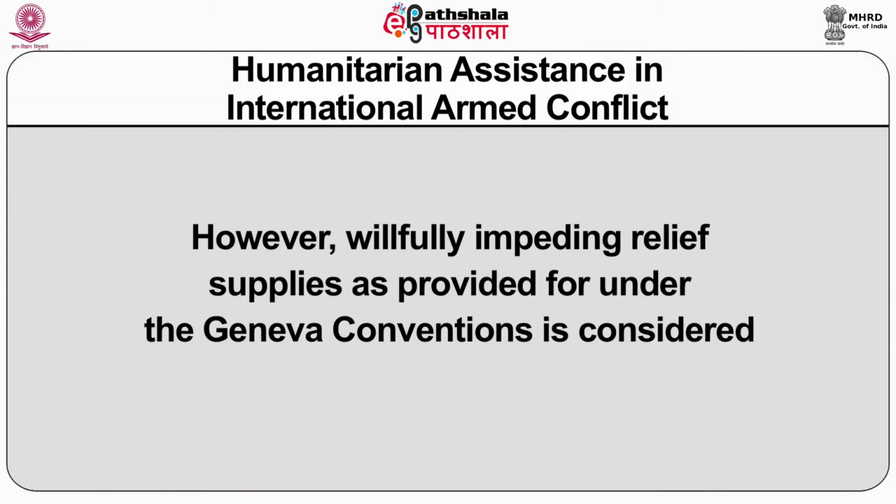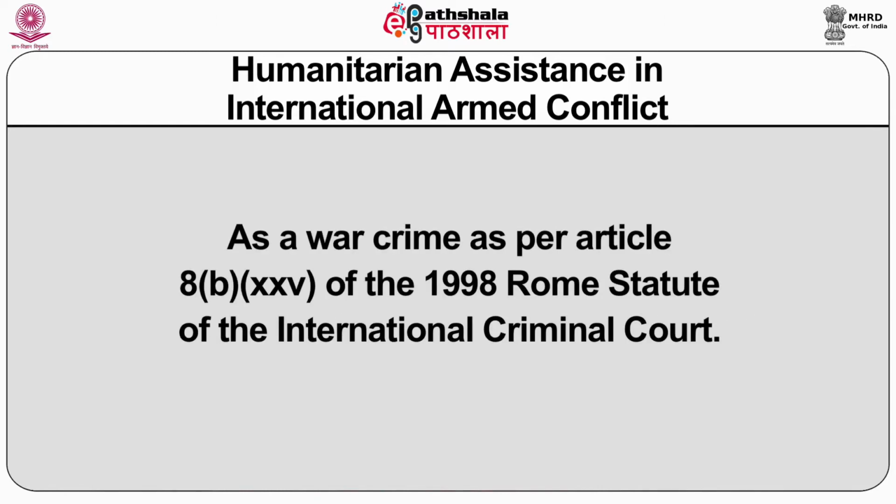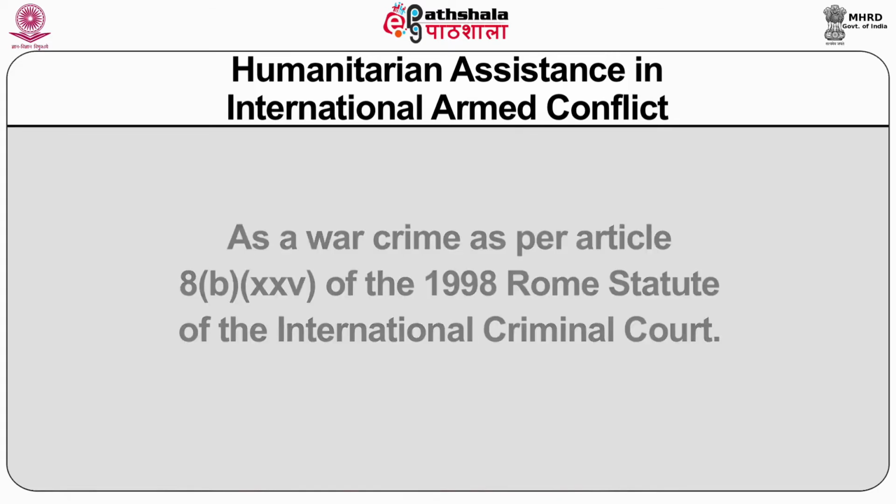However, willfully impeding relief supplies provided for under the Geneva Conventions is considered a war crime as per Article 8(2)(b)(xxv) of the 1998 Rome Statute of the International Criminal Court.